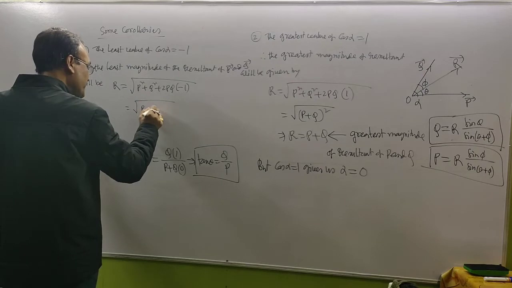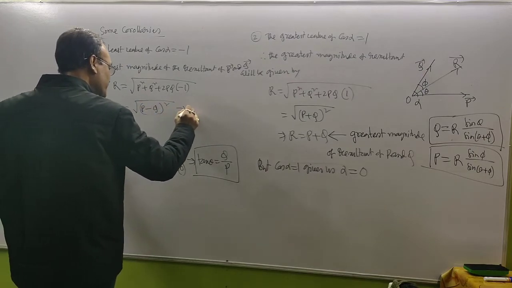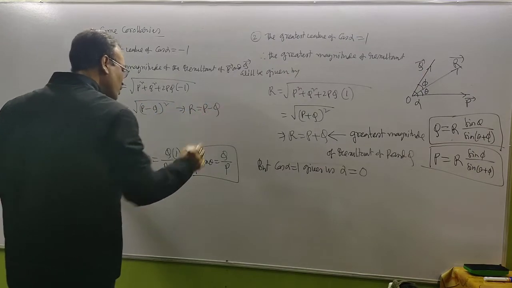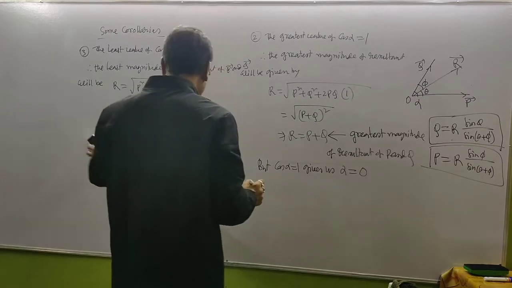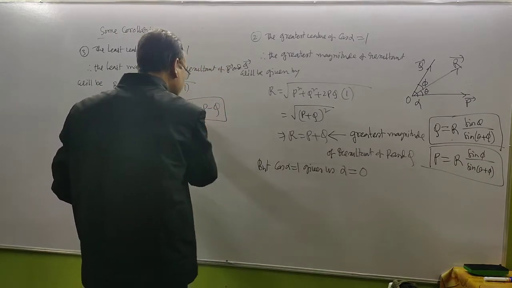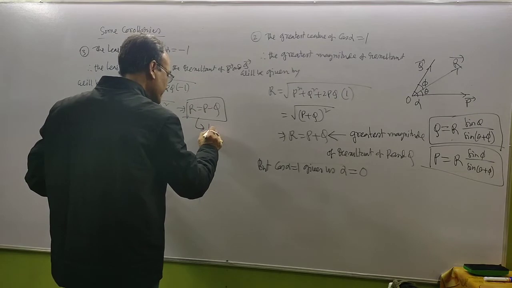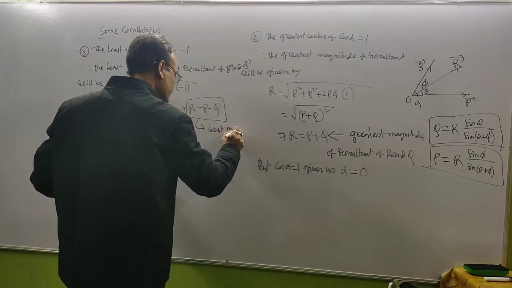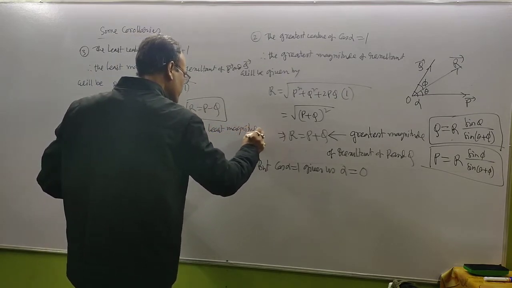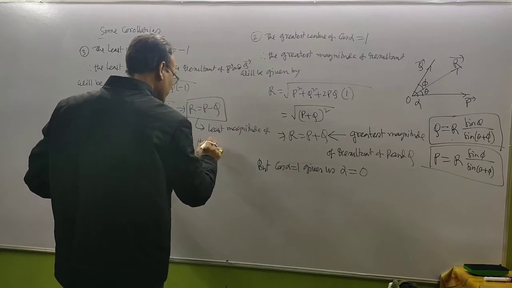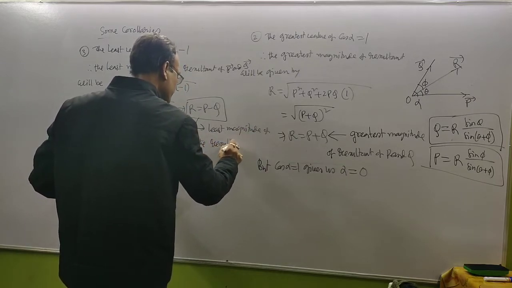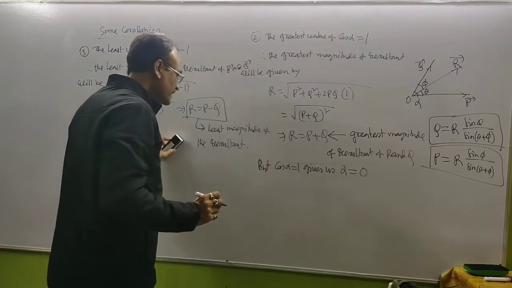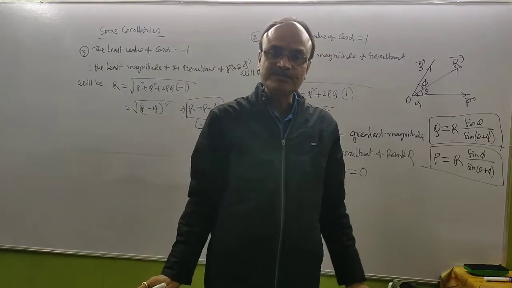This means root of P minus Q whole square. This means R is equal to P minus Q. This is the least magnitude of resultant.